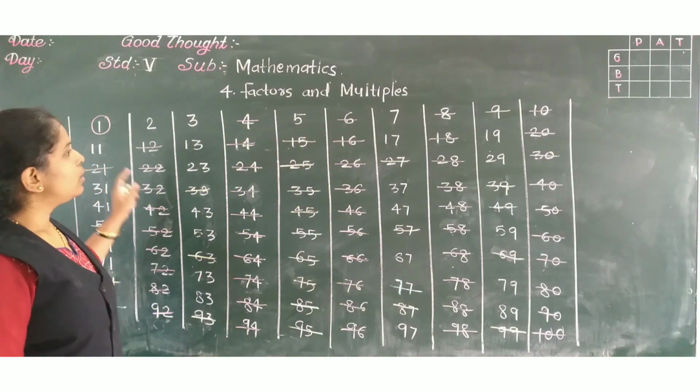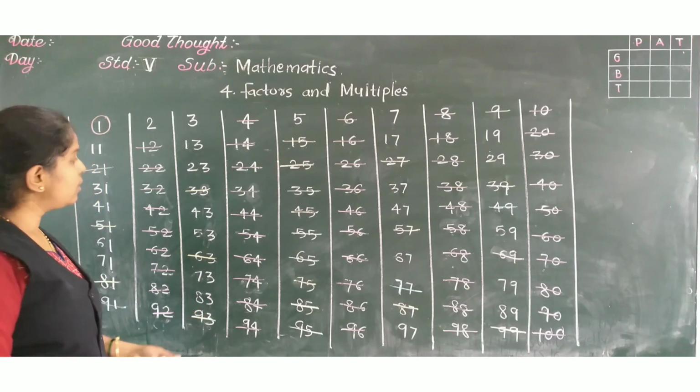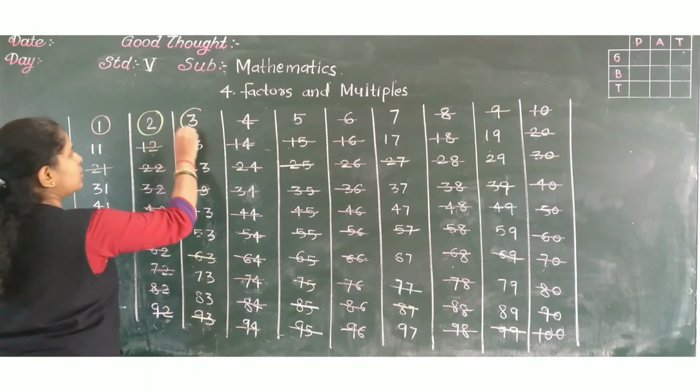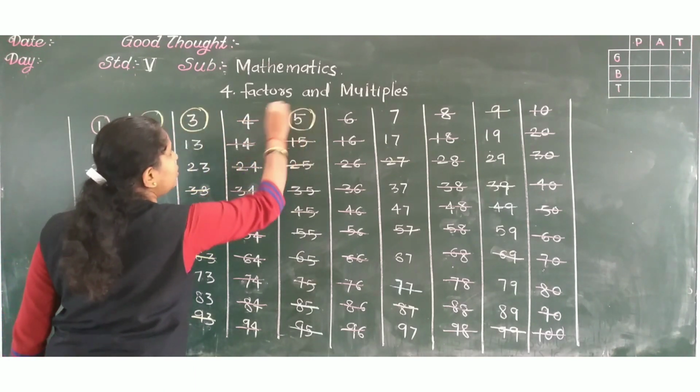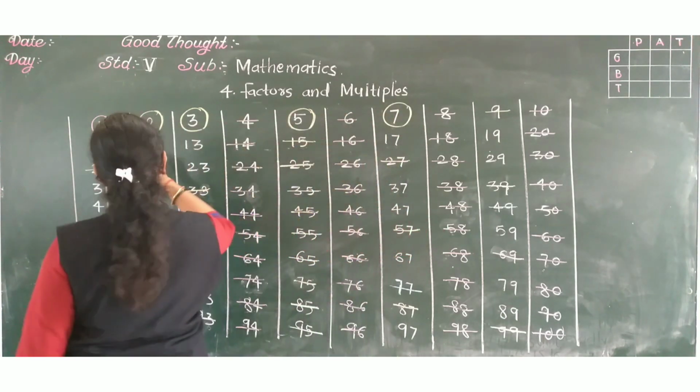Now see, the numbers which are not crossed are considered as what? Prime numbers. See, I will circle the numbers which are not crossed.